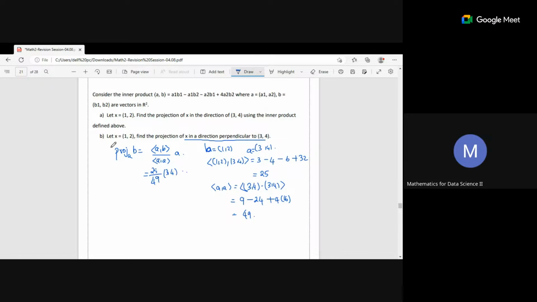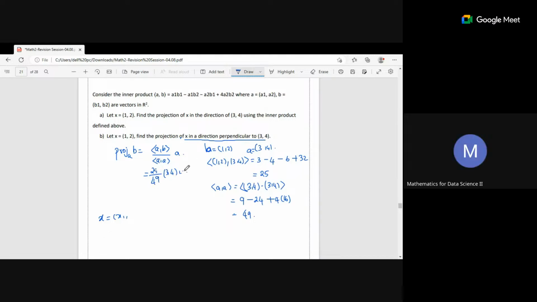Okay. Let x be equal to 1, 2. Find the projection of x in a direction perpendicular to 3, 4. Perpendicular to 3, 4 means... The answer is given as 11 by 25 into 3, 4, ma'am. Sorry, 11 by 25 into 3, 4.